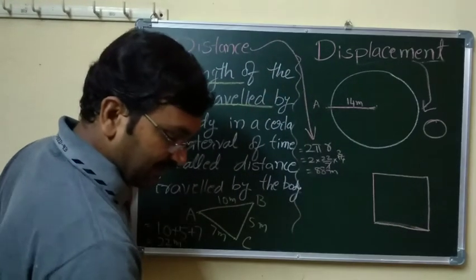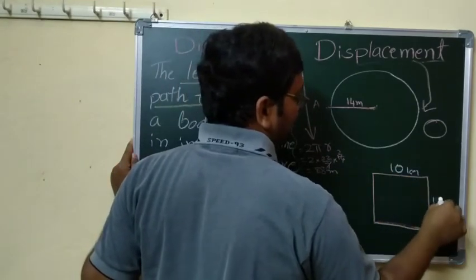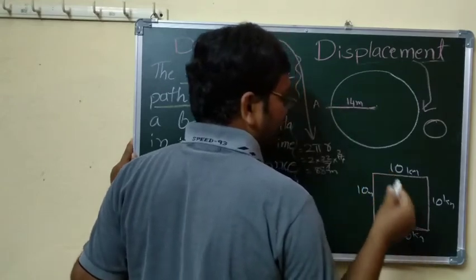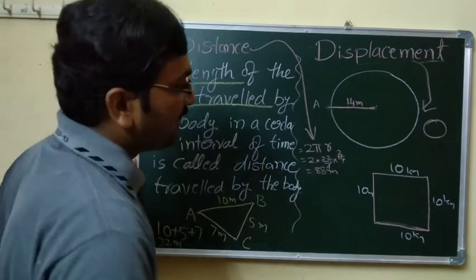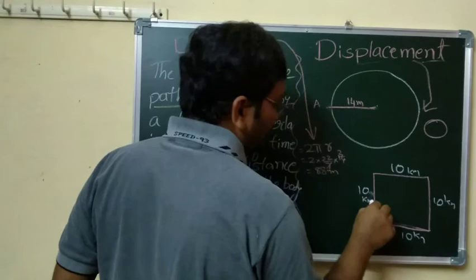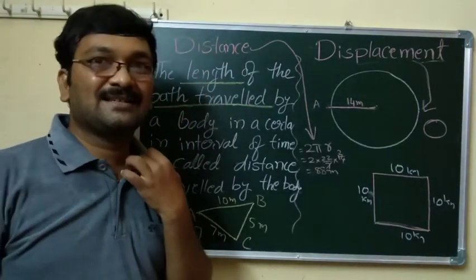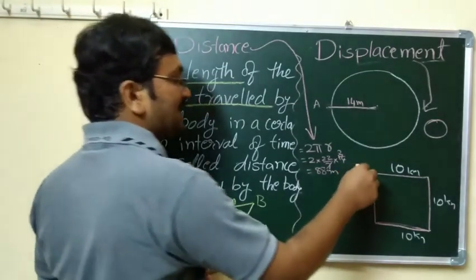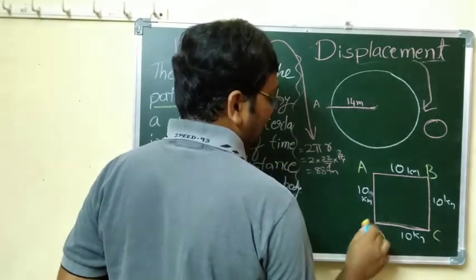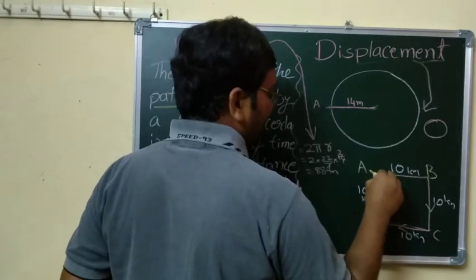The length of each side is 10 kilometers, 10 kilometers, 10 kilometers, 10 kilometers. Now what is the displacement and what is the distance? Suppose a person started from A, reached B, C, D, and once again reached A itself.